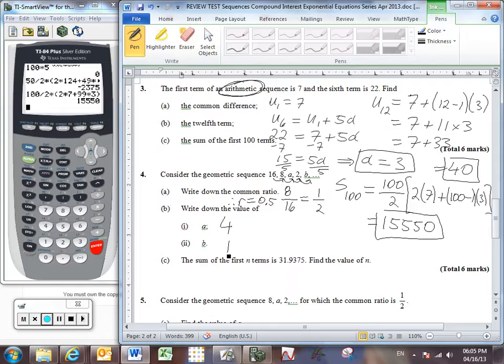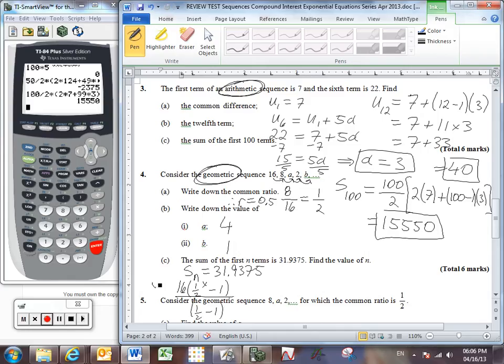And then it tells us that the sum of the first n terms, remember we'll be using the geometric sum formula, is 31.9375. So Sn is 31.9375. Now we know that Sn can be rewritten in a geometric series as u1, which for us is 16, times (r to the power of n, or x, minus 1), divided by (1/2 minus 1).